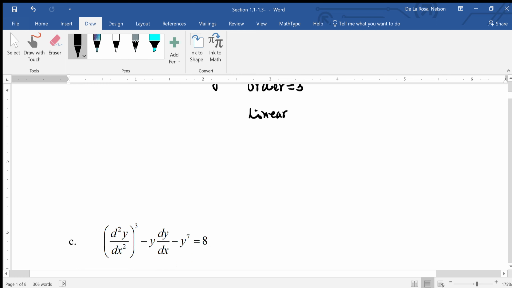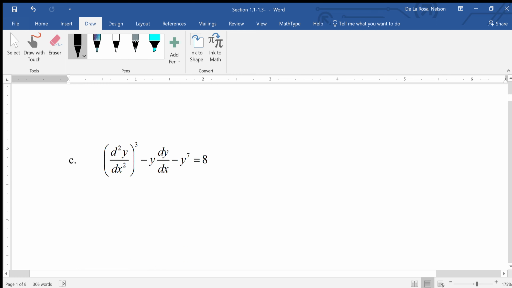Now, part C. In part C, again, we have an ODE, ordinary differential equation, because we have just the derivative of y with respect to x.